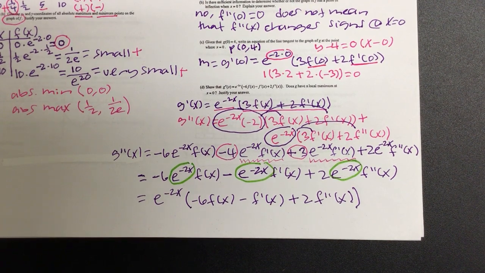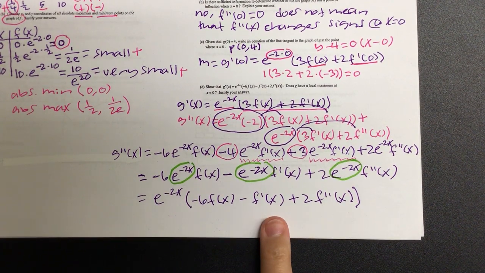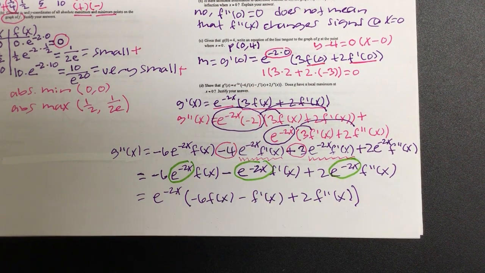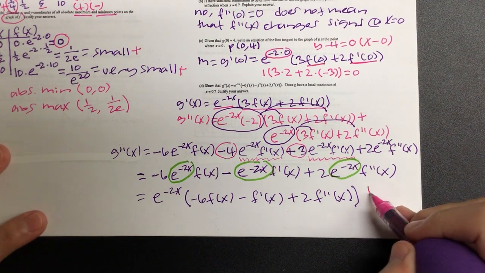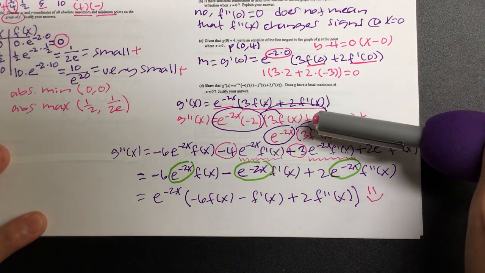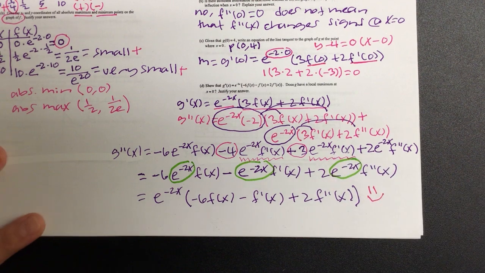Once I factor out e to the negative 2x, let's go back to the original question. Is that what they wanted? Yep, so we're happy right here. What they're actually grading is everything in between: line 1, line 2, and line 3.